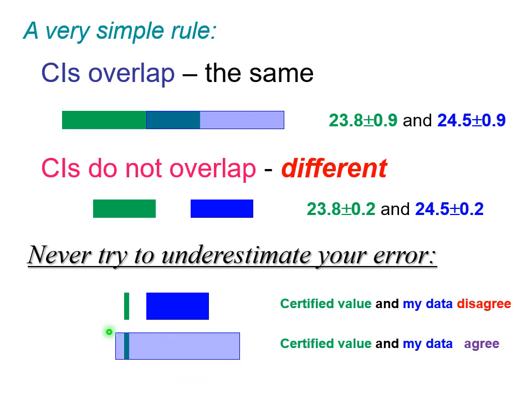Now, if you have exactly the same numbers, but you assume that uncertainty is larger, there is agreement between two. Now, if your uncertainty was underestimated in this case, you made a mistake and you are getting wrong conclusions.